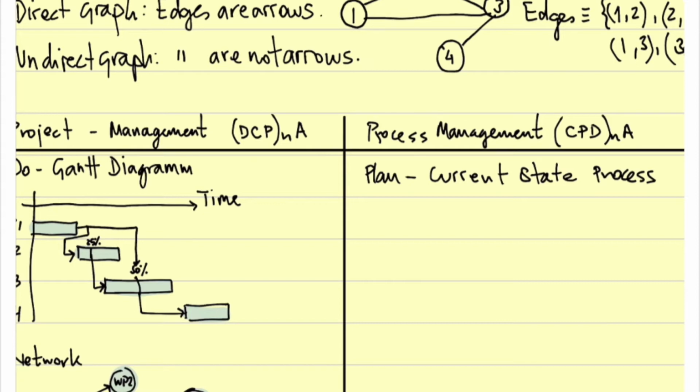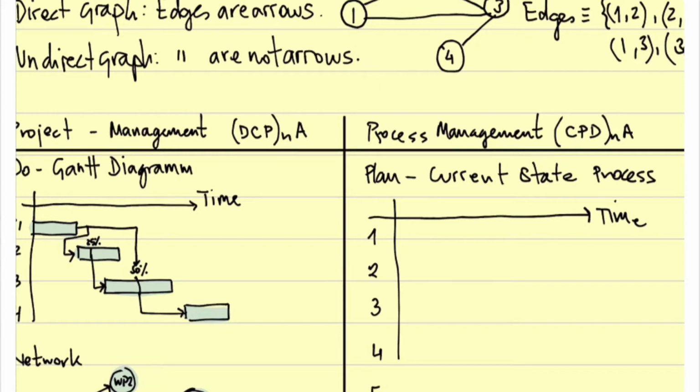And let's say we have here the time, the arrow of time. And here we have the process owners. And here we have the work packages, the process steps, with material flow and information flow going on.